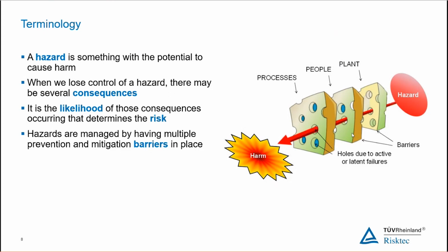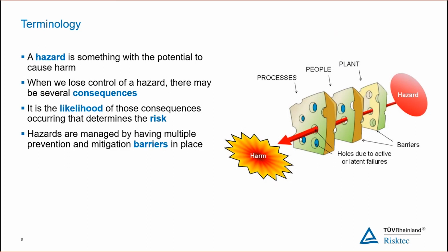The more we identify the weaknesses, the better we can fix those weaknesses, make sure that the barriers don't fail when we need them to work, and therefore we continue to manage the hazards, we don't have the harm resulting at that point. So all of what we're trying to do with risk assessment is to make sure we understand what we have. The better we understand, the better we manage it at all these points.